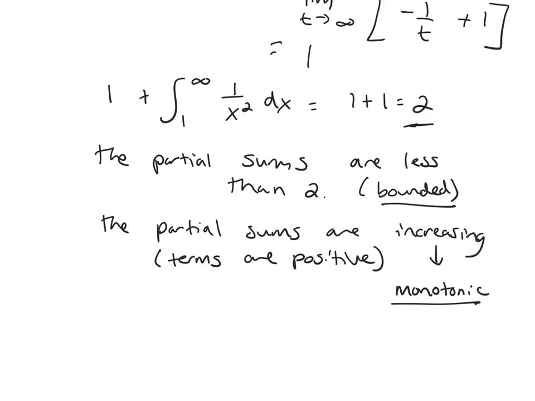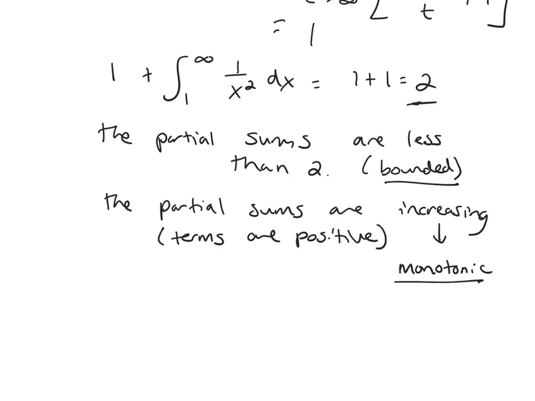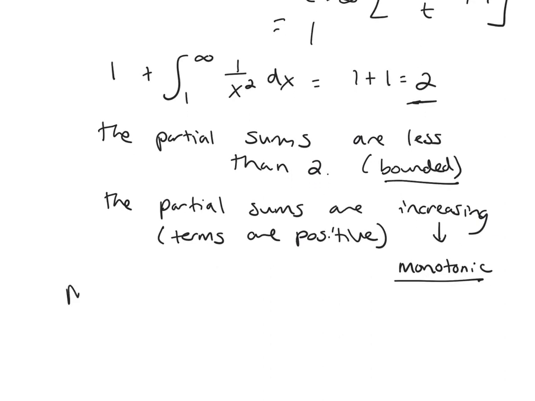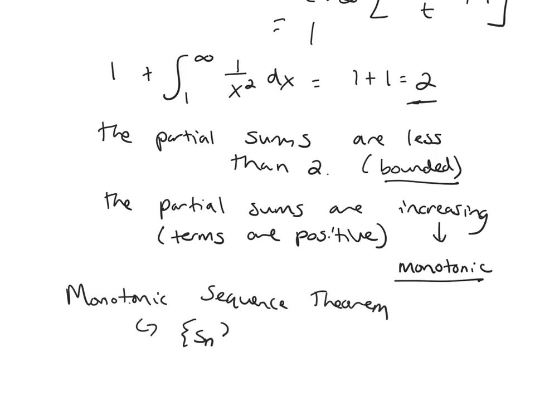Don't we know something? Every bounded monotonic sequence converges. It's that monotonic sequence theorem we talked about before. So the monotonic sequence theorem tells me that the partial sums S sub n converge.